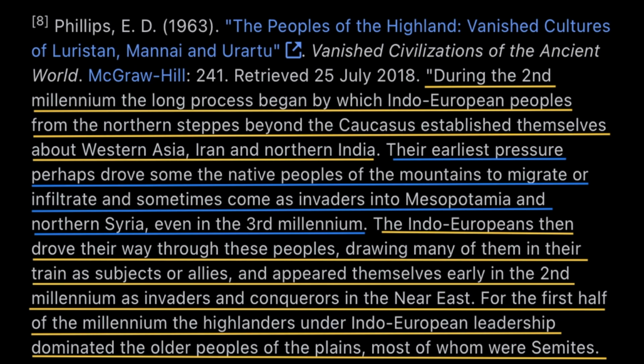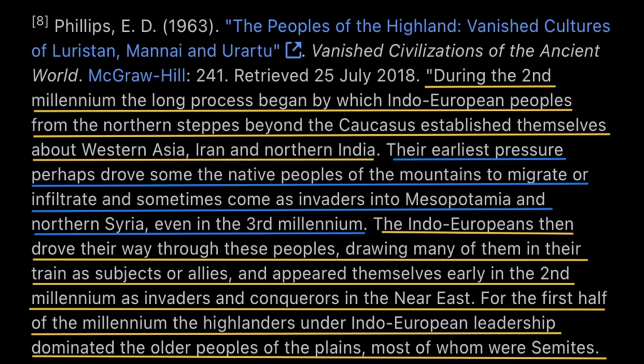For the first half of the millennium, the Highlanders under Indo-European leadership dominated the older peoples of the plains, most of whom were Semites. And so as we can see, these Indo-Europeans and Caucasian groups dominated the older populations, which were Semitic. The Semitic populations are the older ones in the Middle East, and they lived in the plains.